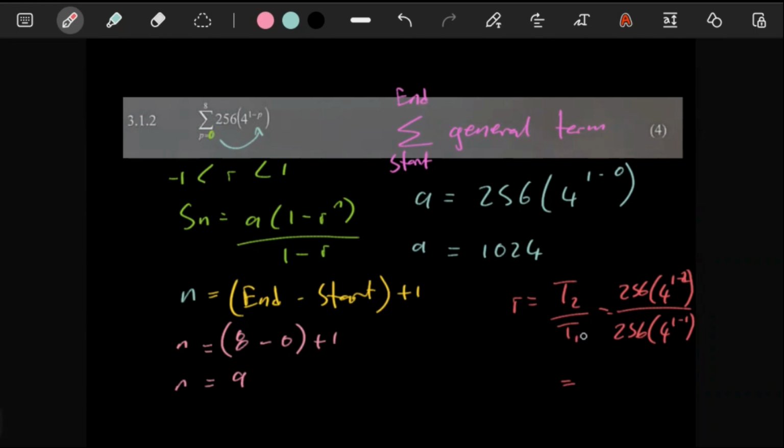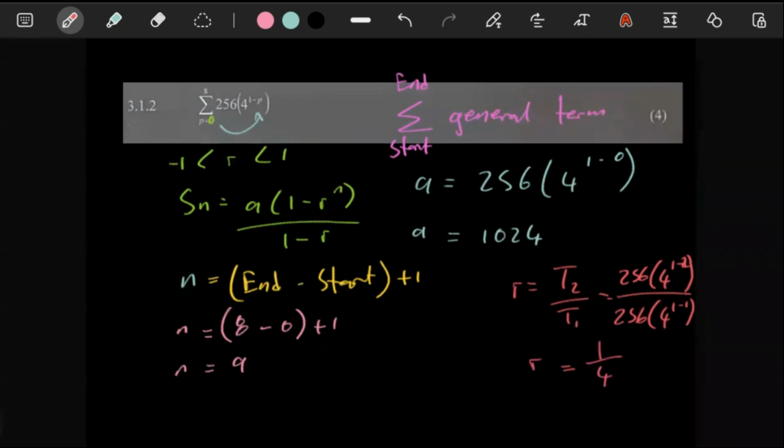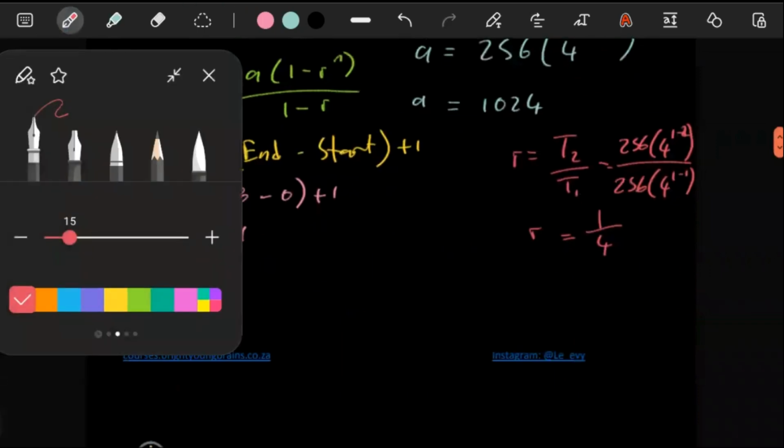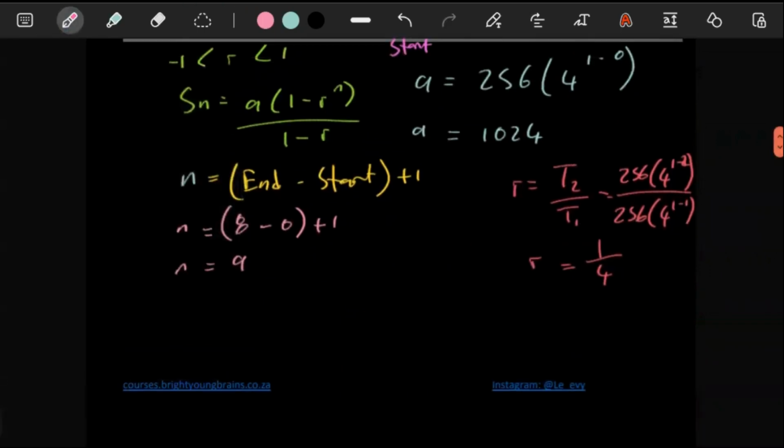I'm just making sure I put stuff in the calculator properly here. Anyways, R is definitely a quarter. We already knew that, but just trying to keep everyone happy.